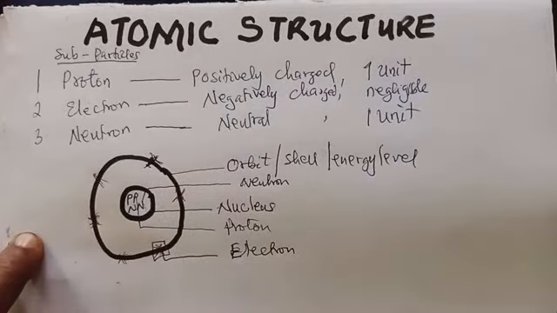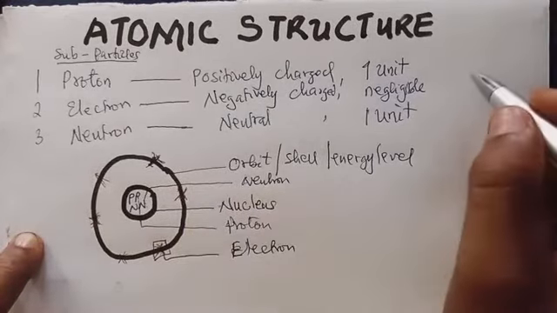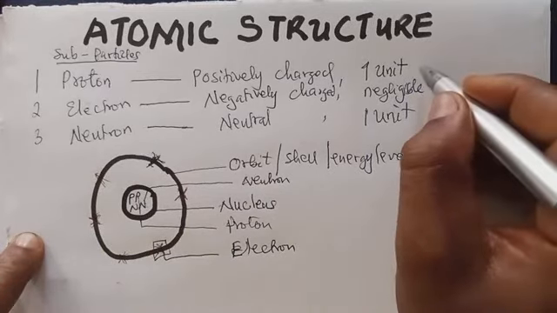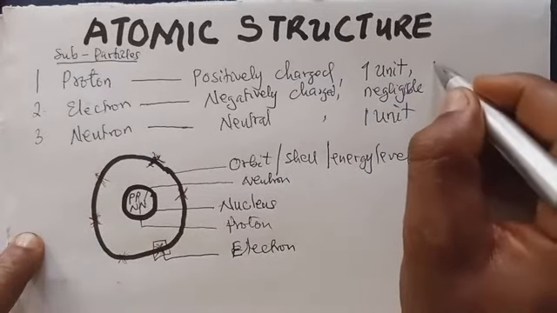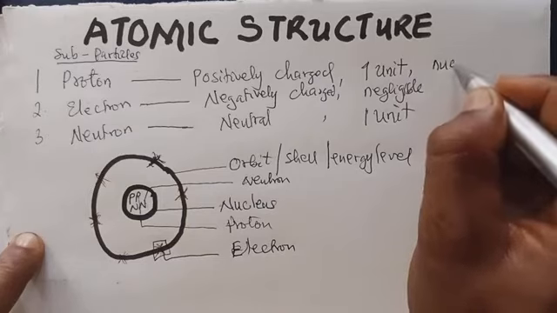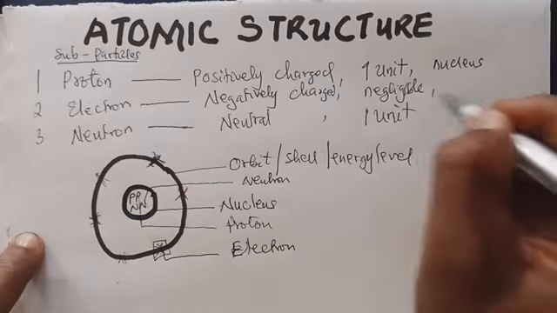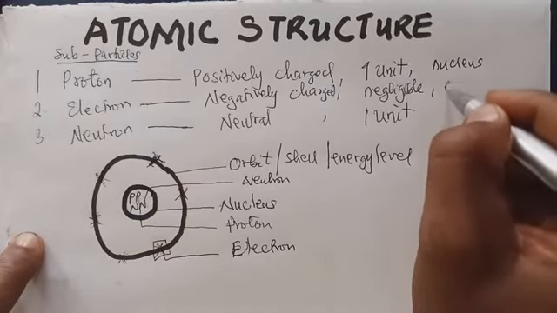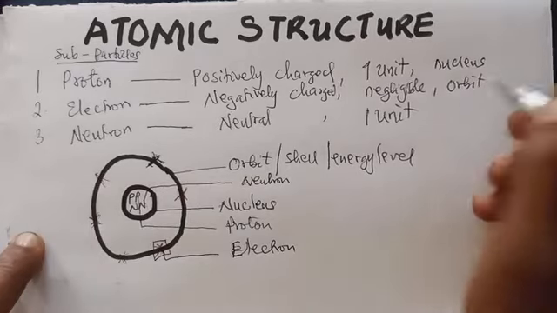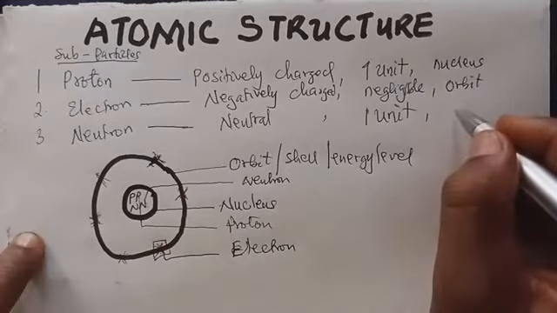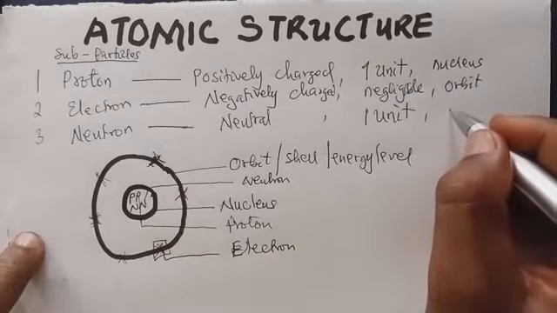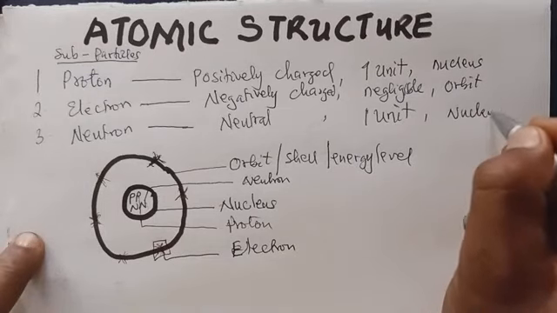So we can now say that the proton is located in the nucleus, the electron is located in the orbit, while the neutron is located in the nucleus.